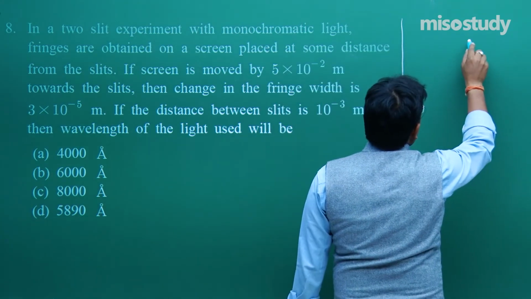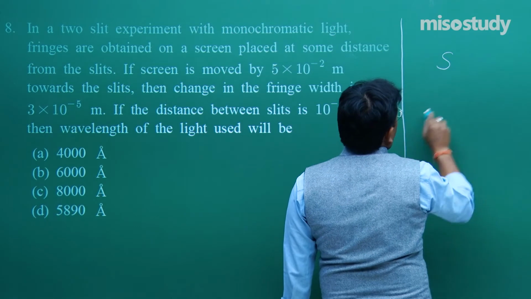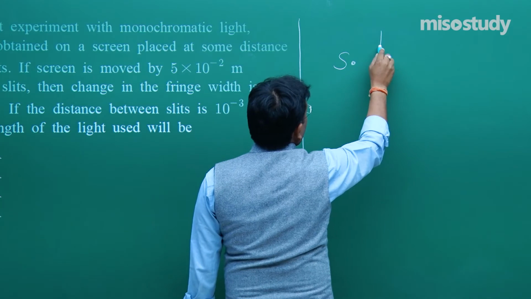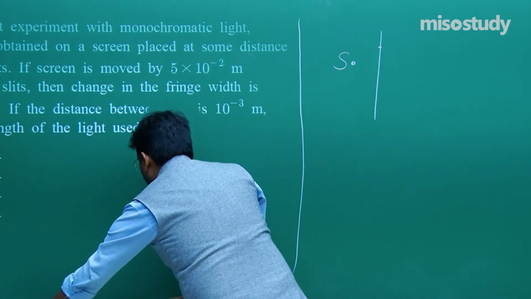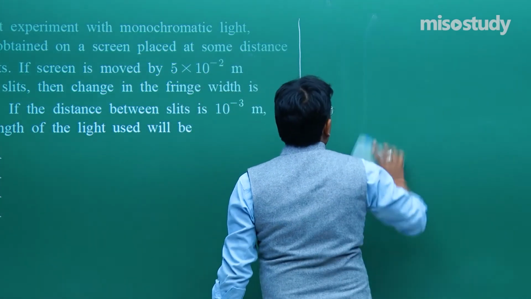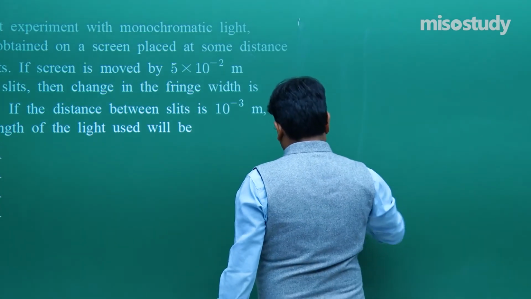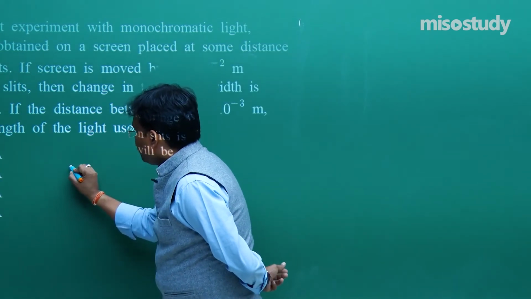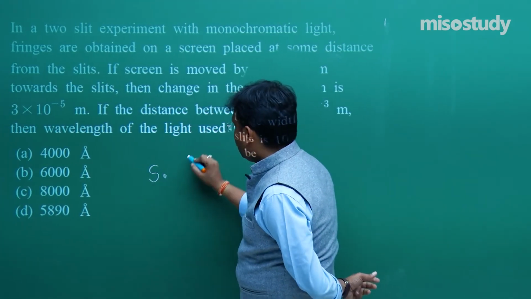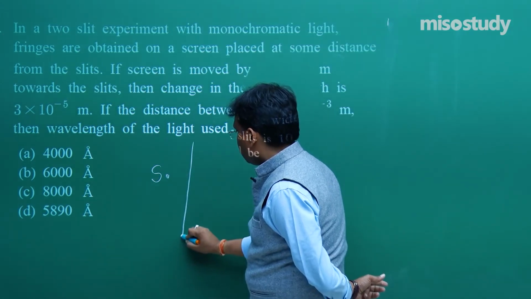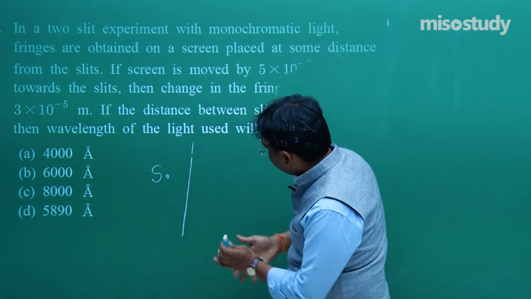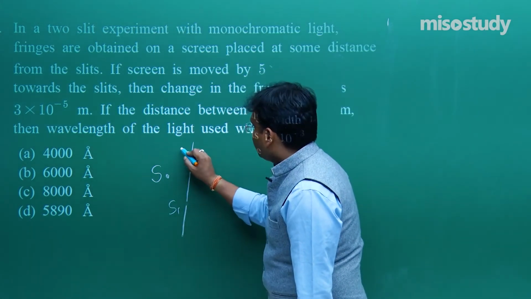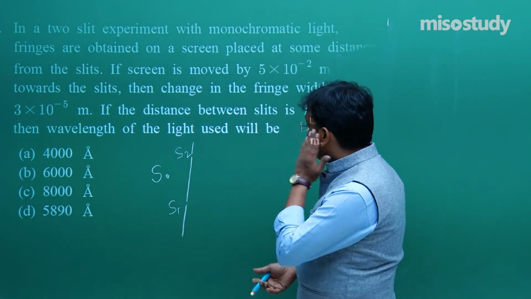The diagram is, this is S, first source, then source number, I think I should create the diagram close to this question itself. This is first slit, then this is S1 and this is S2, fine.